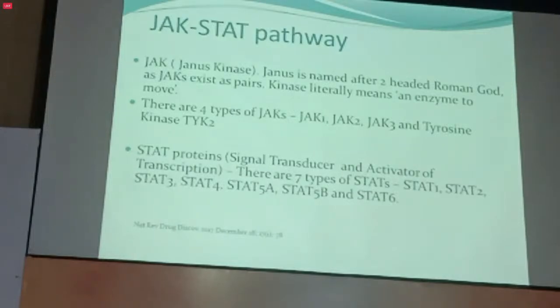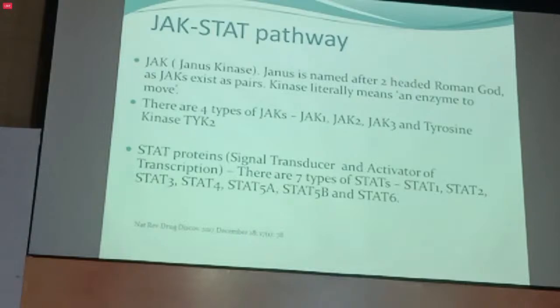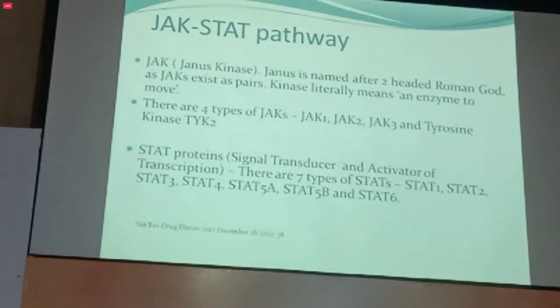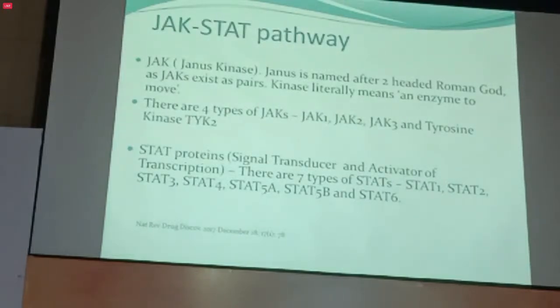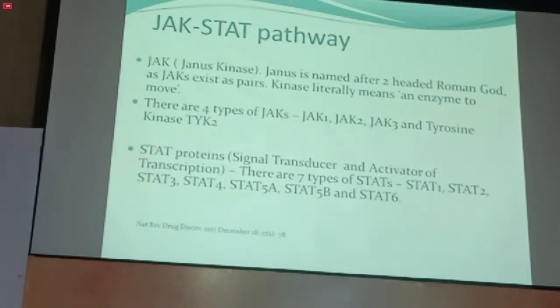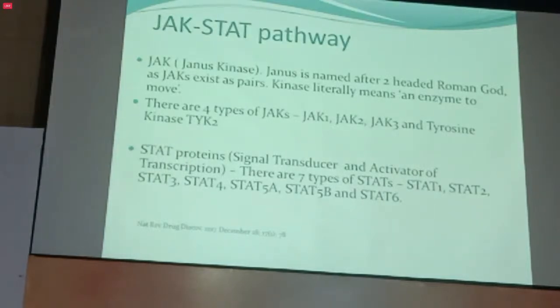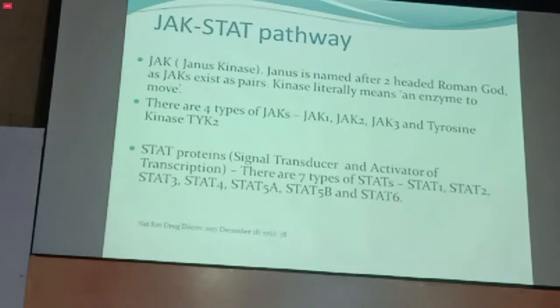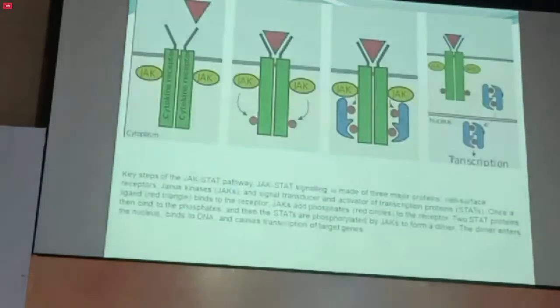So Janus is named after the two-headed Roman god. JAKs exist as pairs, and kinase literally means an enzyme to move. There are 4 types of JAKs: JAK1, JAK2, JAK3, and tyrosine kinase TYK2. And there are 7 STAT proteins: STAT1, STAT2, STAT3, STAT4, 5A, 5B, and STAT6.